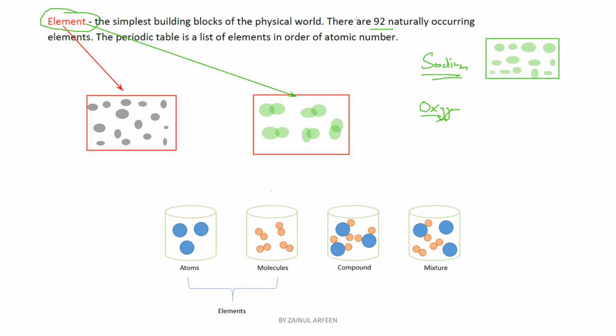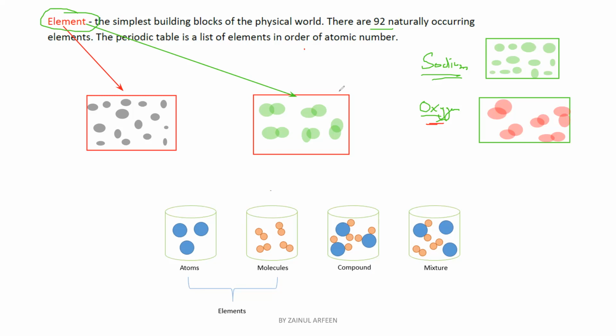Identical atoms joined together to form a molecule. So identical atoms join together to form a molecule, and because all are identical, the same atoms, what does it give? It is also an element. Is the concept of element clear?